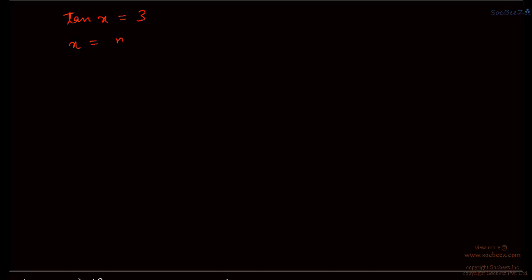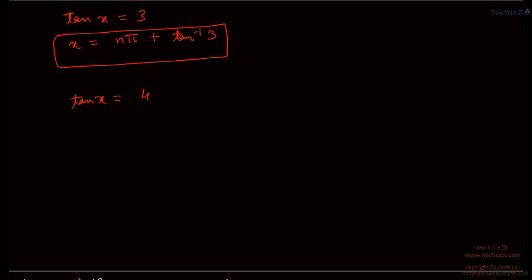So this can be written as x is equal to n pi plus tan inverse of 3. This is one solution. The second is tan x is equal to 4 or x is equal to n pi plus tan inverse of 4.